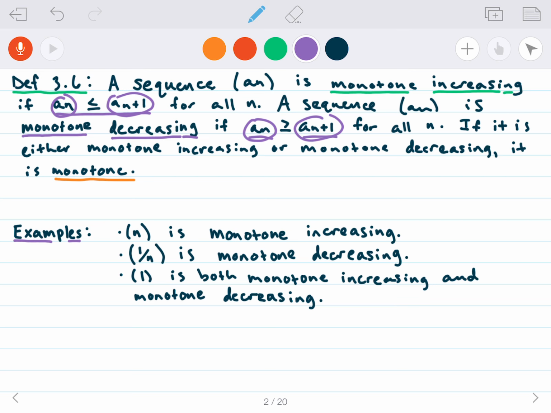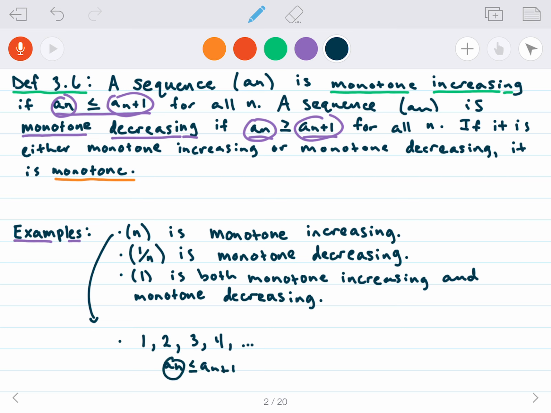So let's look at some examples here. The sequence n is monotone increasing because we have 1 at n equals 1, 2 at n equals 2, 3 at n equals 3, and so you can see that a_n is going to be less than or equal to a_{n+1}.